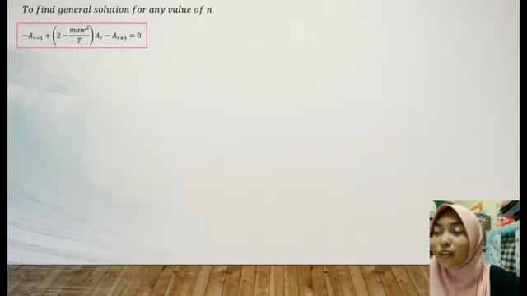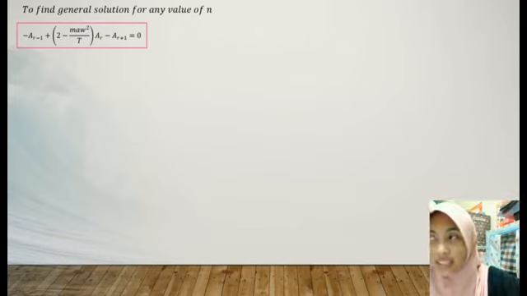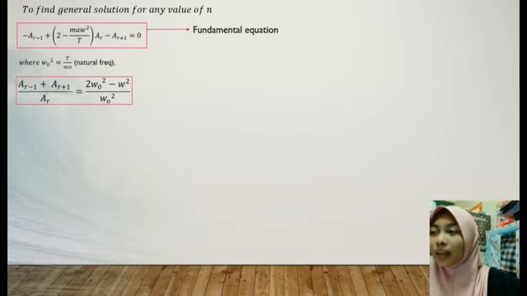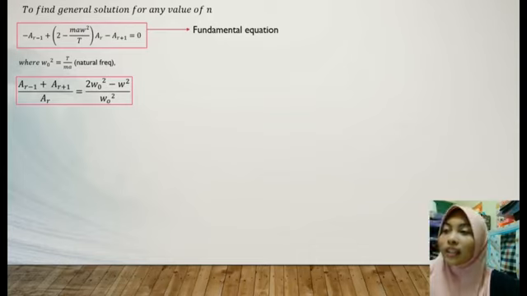When we want to find the general solution for any value of n, we always use our fundamental equation, which has been stated there on the screen. But here we are going to modify it a little by substituting the natural frequency into the fundamental equation. That gives the second equation, also stated in the pink box.